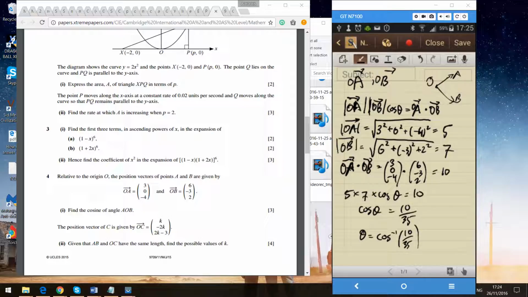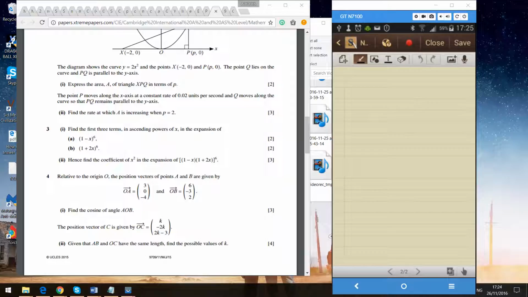So I thought you might want to know the origin of the formula. Let's say you have a vector A and you have a vector B. What a dot product is, for example: if you have a unit vector i, that means it's just a vector with a magnitude of 1.